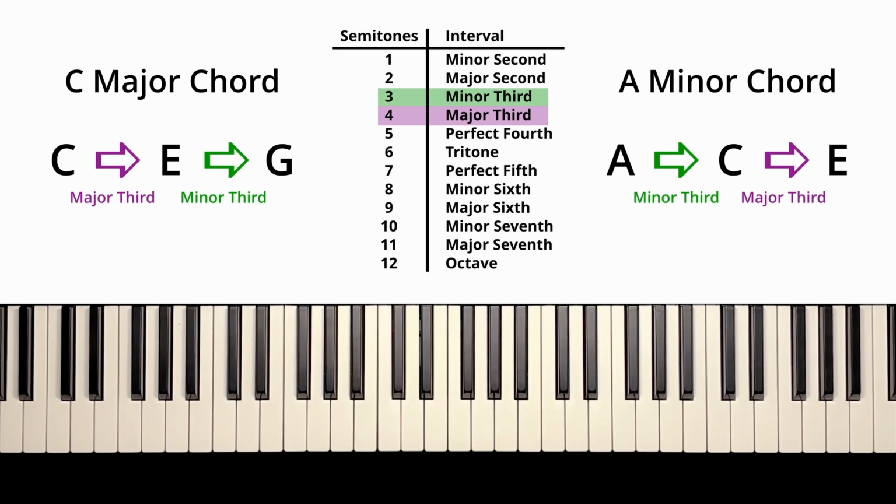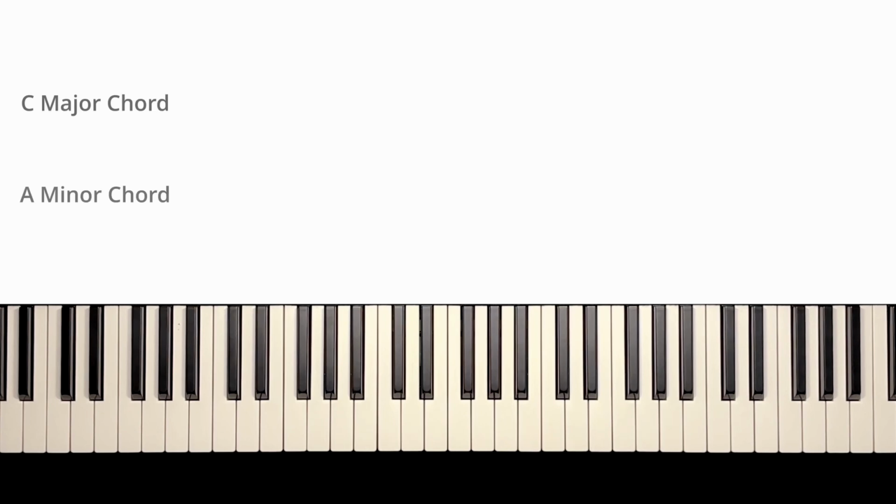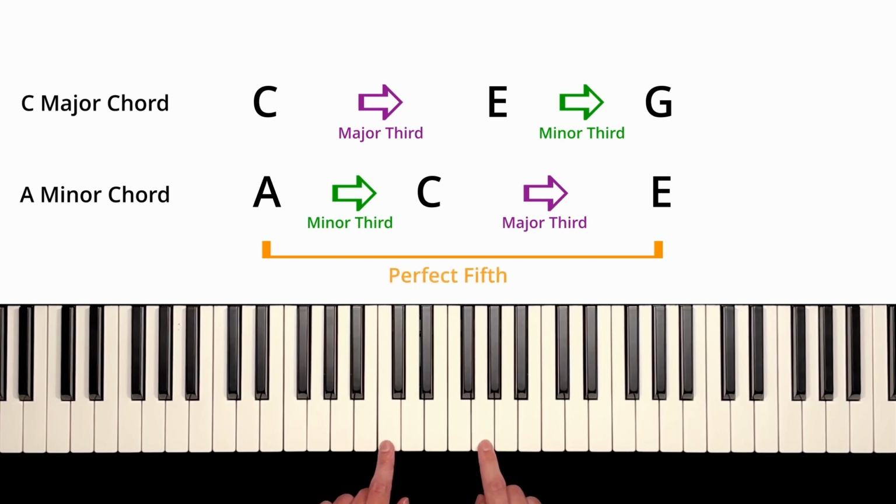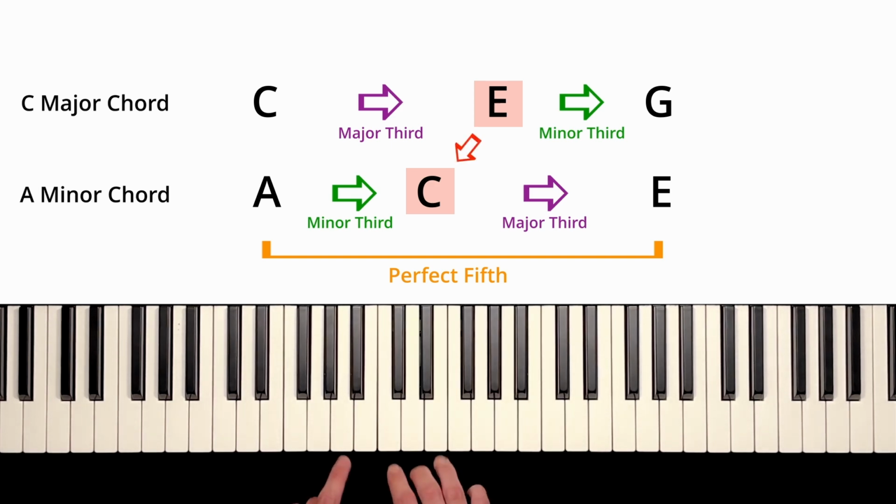This difference in structure is the entire secret behind major and minor chords. Here's another way to look at it. In both chords, the outer notes have the same distance, a perfect fifth, and only the middle note changes. In the minor chord, it's a semitone lower.